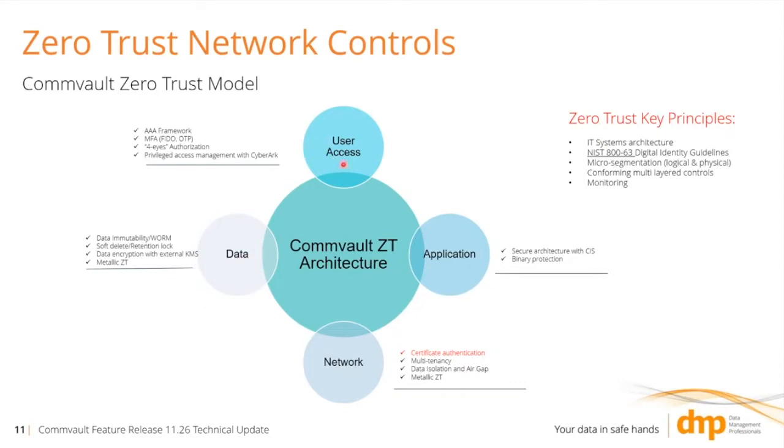To access your environment, the user access, there's the AAA framework. In previous presentations, I've already told a couple of times about the AAA framework and what the diagram looks like. That is still in place. Multi-factor authentication is in place. Four-eyes authorization is possible.